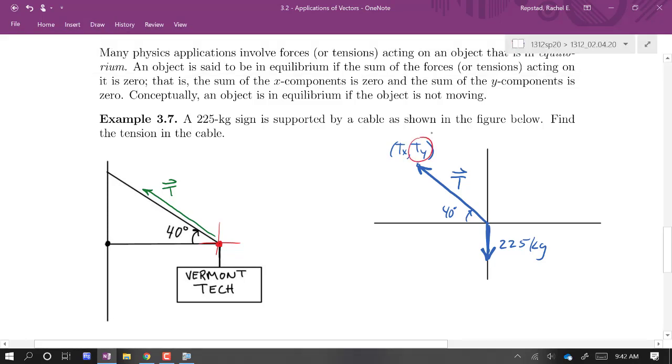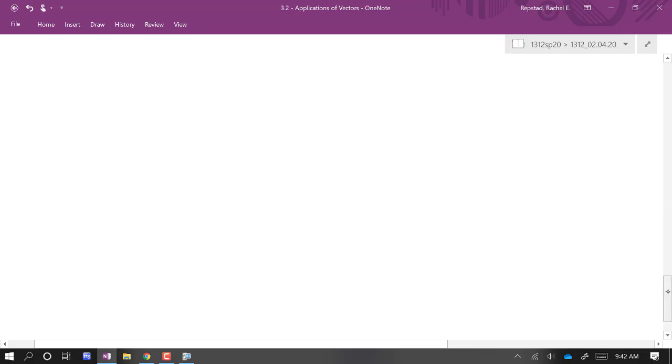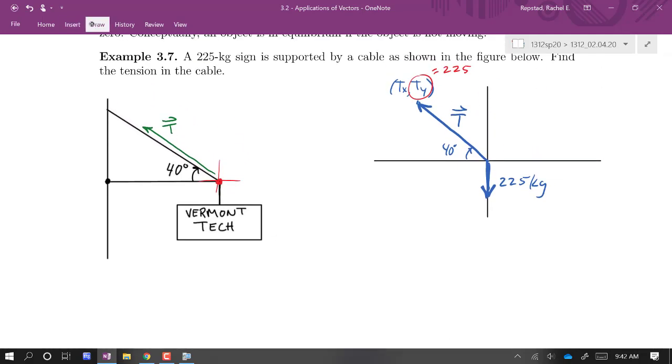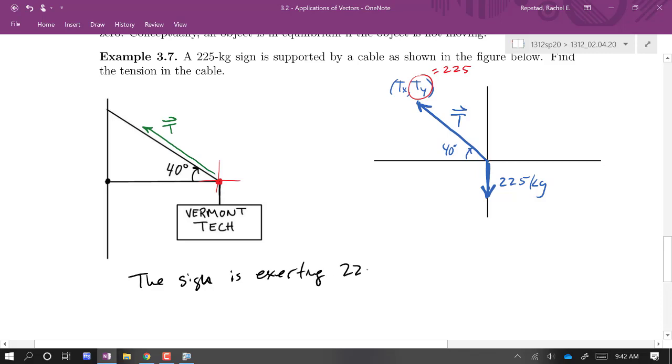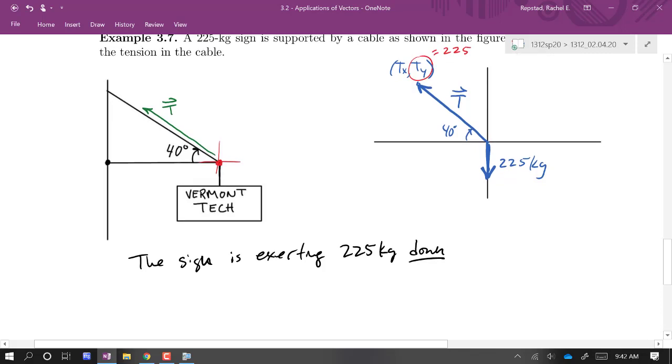That has to be 225 straight up. So the sign is exerting 225 kilograms down, and that means the y component of the tension vector is positive 225.